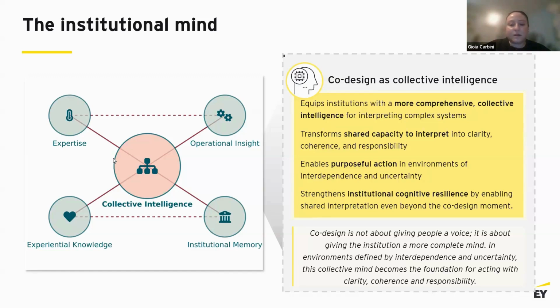And at the same time, when we use co-design with intention, co-design becomes less a practice and more an organizing principle for institutional intelligence. So it creates a shared interpretive infrastructure in which we can move. It's a collective capacity of sense making that persists beyond the moment of the design itself.